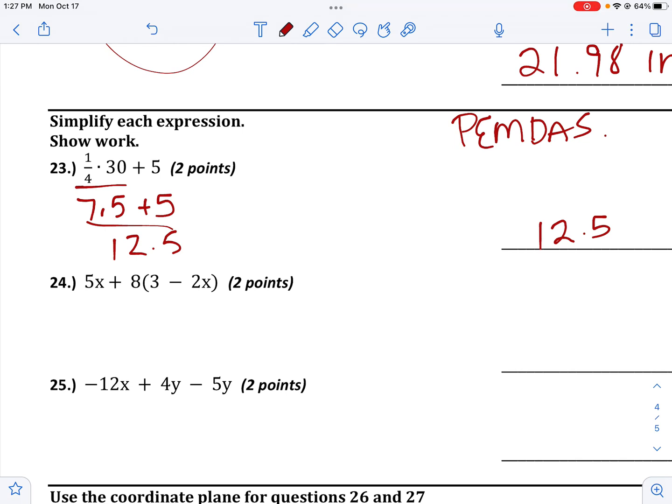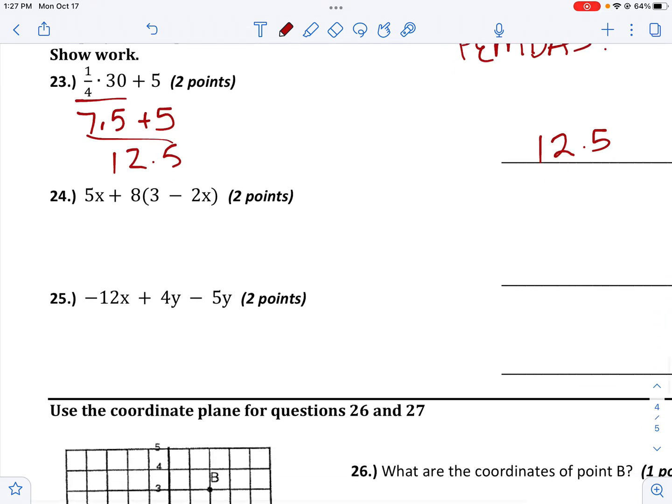Number 24, I see x's in there. Do you remember what property we need to use? We need to remember, hopefully you do, the distributive property. 8 times 3 is 24. Then minus 8 times 2x is minus 16x. Then I can use the commutative property to rearrange and get like terms next to like terms, right?